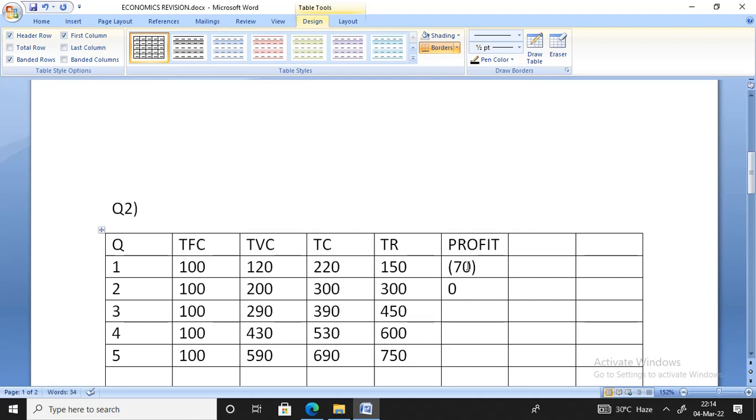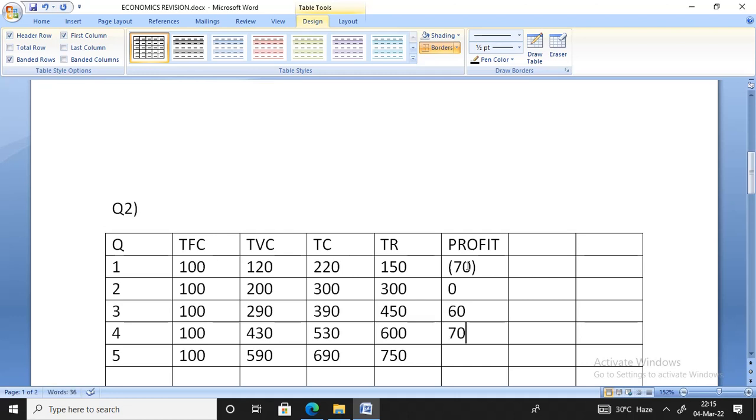Then you have 450 minus 390, which is 60. So there the profit is 60. Then you have 600 minus 530. The profit is 70.